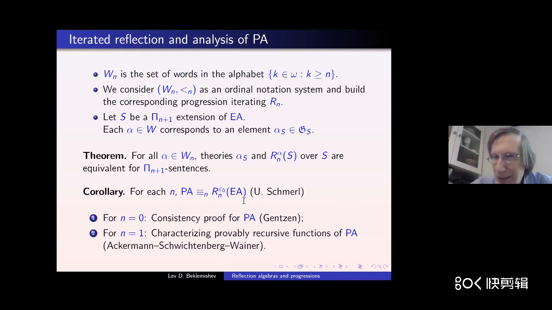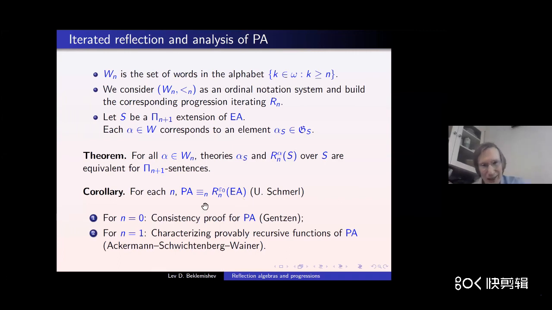So this result essentially implies that the conservativity spectrum of PA is precisely that sequence epsilon naught, epsilon naught, epsilon naught, and so on. It describes consequences of PA of any specific complexity pi n in terms of epsilon naught times iterated reflection of appropriate complexity, Rn reflection.